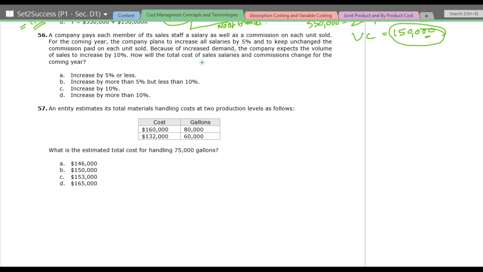How will the total cost of sales, salaries and commission change for the coming year? If everything is in percentage, assume some numbers that will solve the MCQ. So we have the existing system and we have the new system.